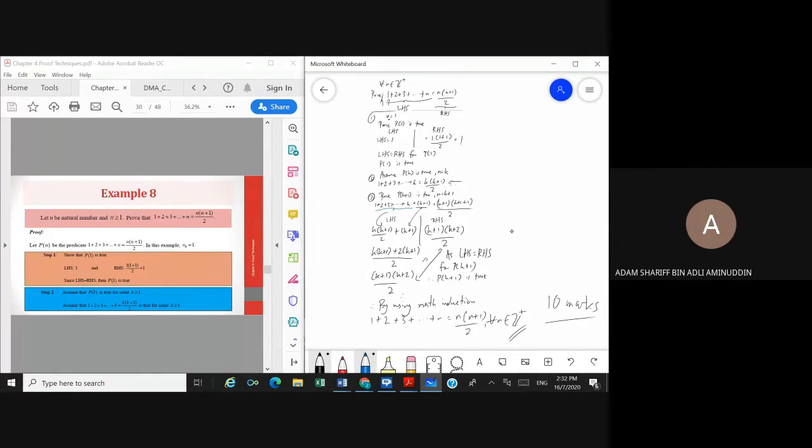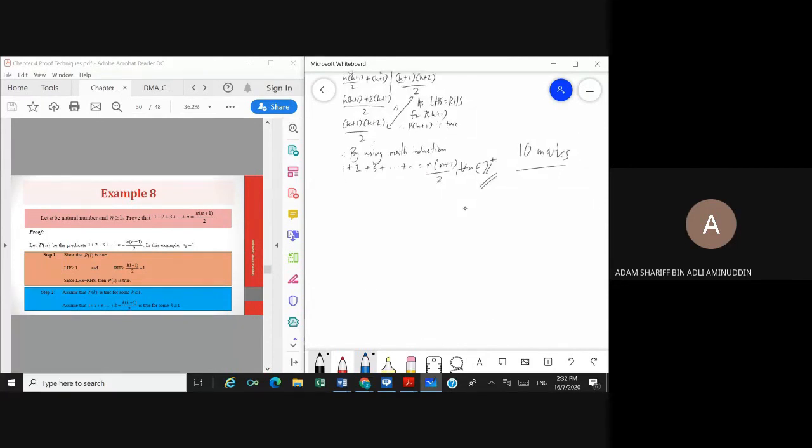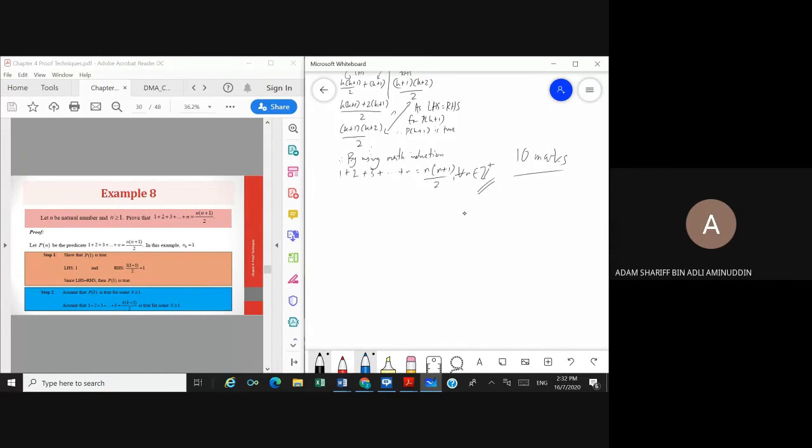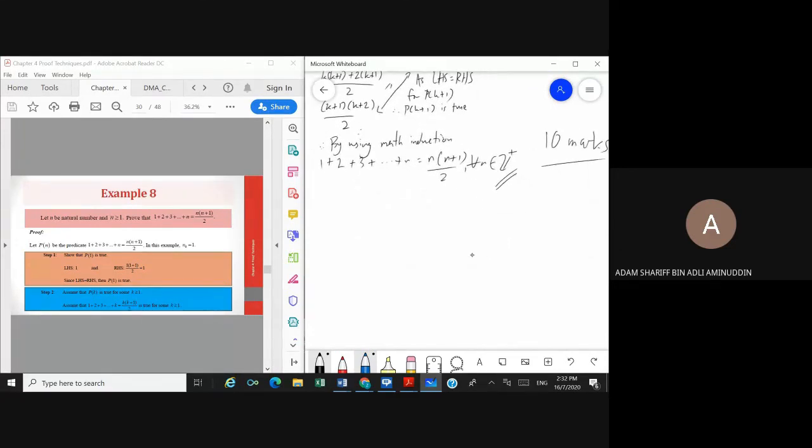And what is the use of this theorem? Like just now I said, this happened to be true for every possible natural number. So just now I showed you the example, what is 1 plus 2 plus 3 plus until 2020? N equals 2020.